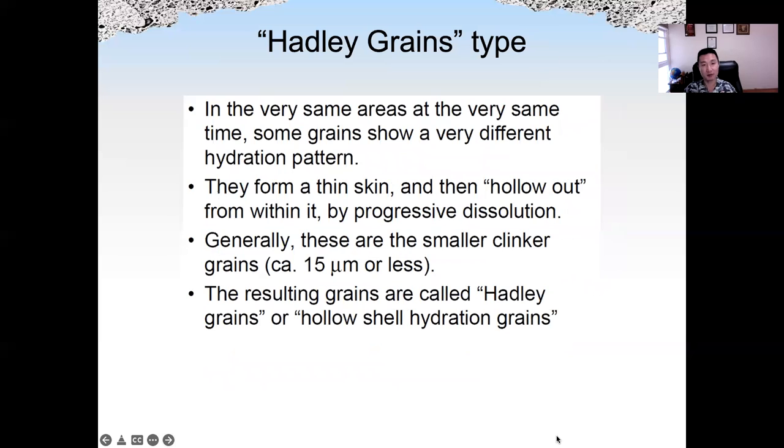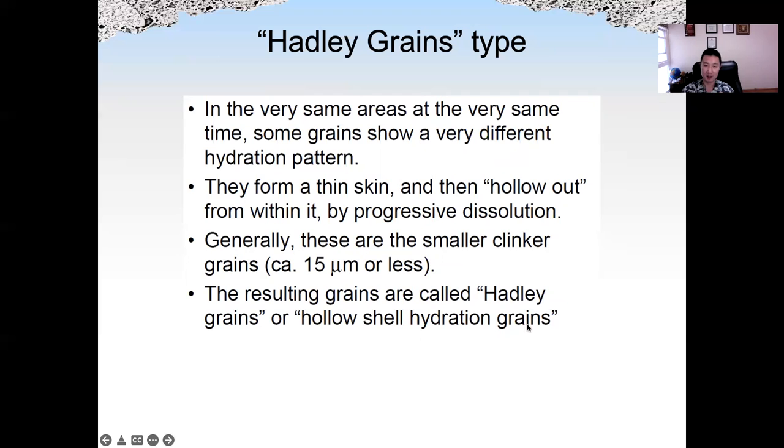The second type is called Hadley grain type. Okay. At the same time, in the same area, some of the grains show Hadley grain, and the others show the shrinking core type. Okay, so the Hadley grain actually is a thin skin precipitation of CSH on the surface of unhydrated cement particles, and then sometimes it will hollow out.